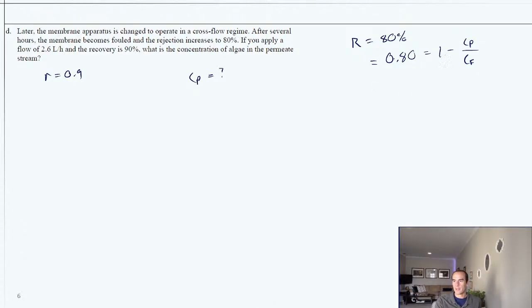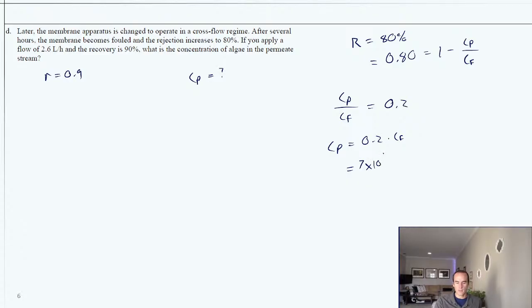We can add Cp over Cf to both sides and subtract 0.8 from both sides. That'll give us Cp over Cf equals 0.2. So Cp will be 20% of Cf. As simple as that. That comes out to be 1/5 of 35 is 7.